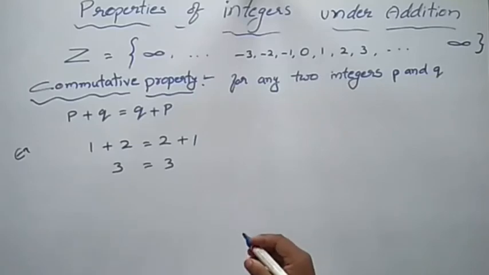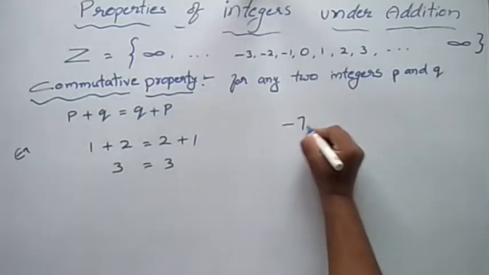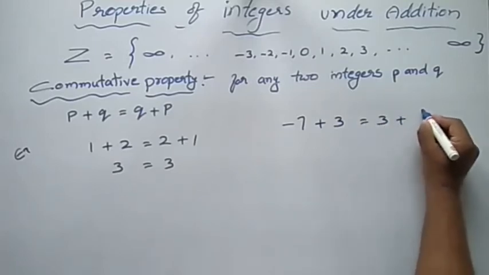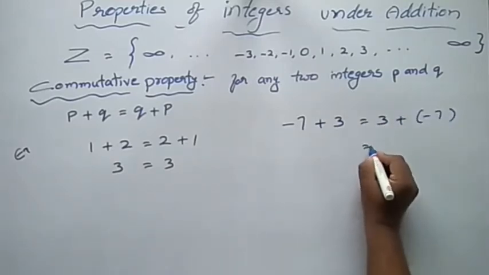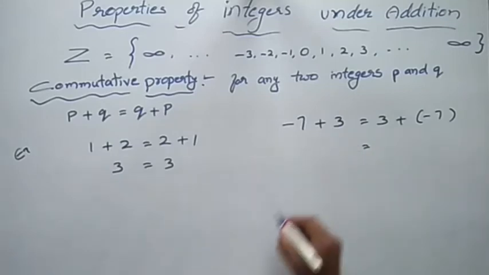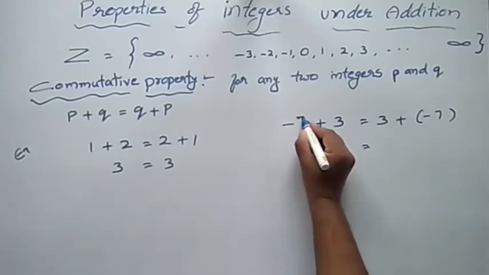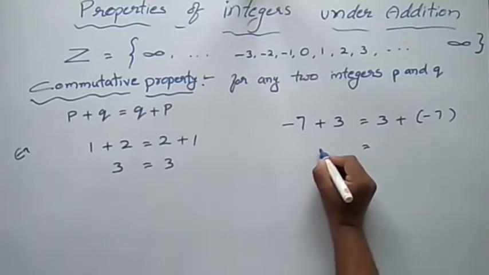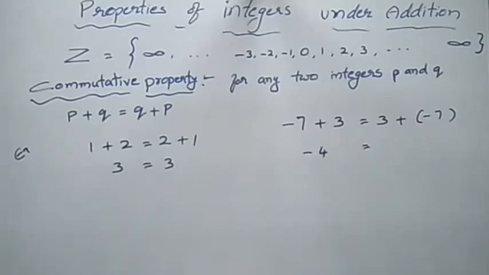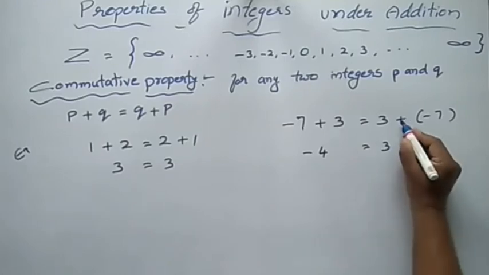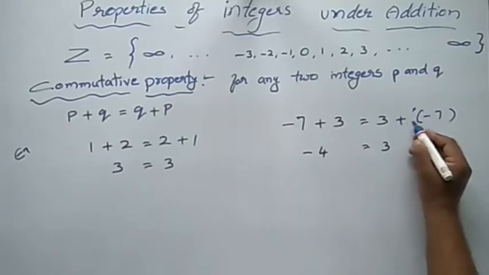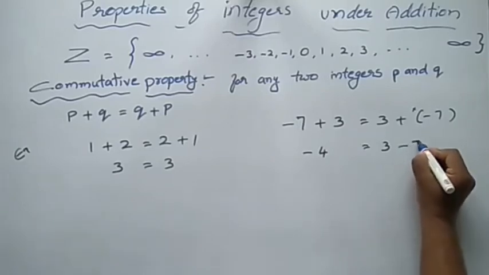Once I will apply it for negative numbers: minus 7 plus 3, 3 plus minus 7. Here minus 7 plus 3, see, the bigger number is 7, that consists of minus, so the answer is minus 4. Here 3 plus, this bracket means what? Plus into minus 7.